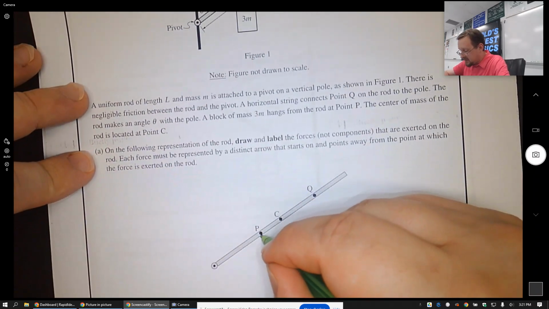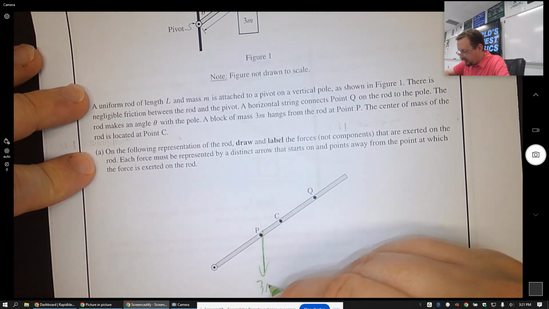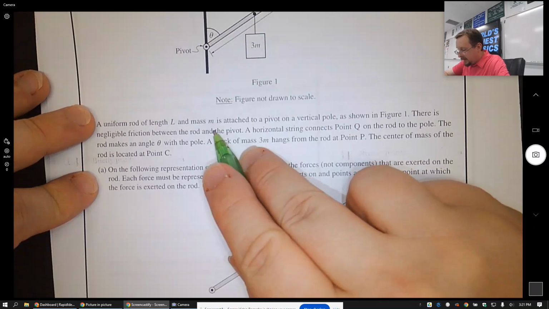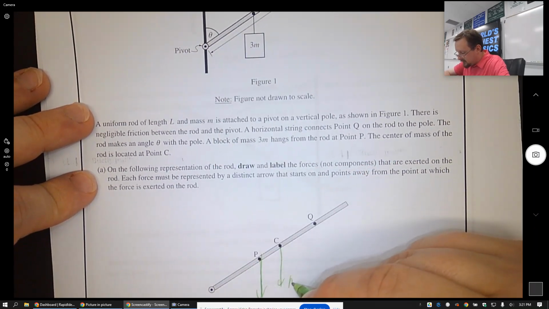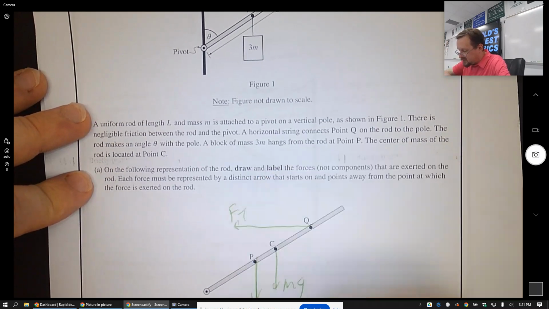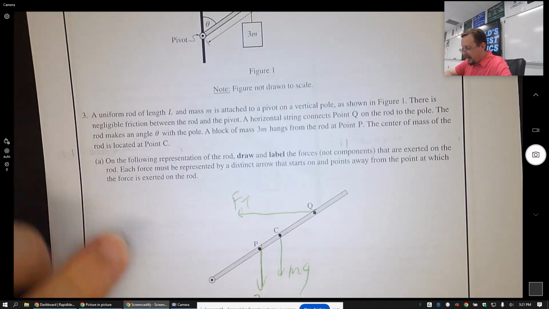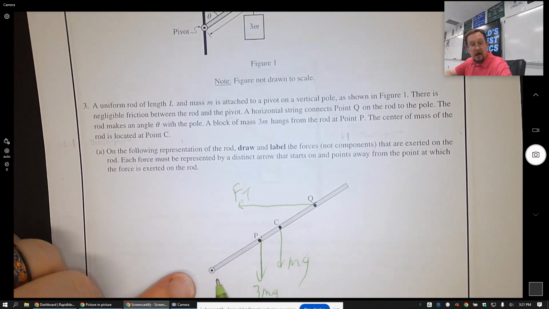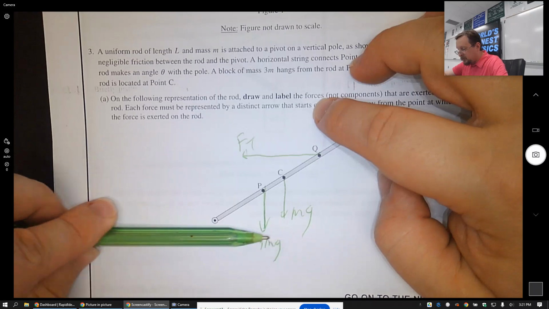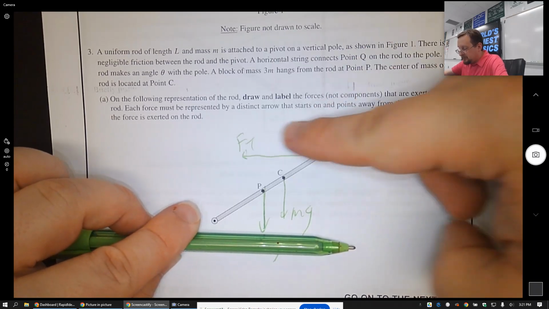Okay, so this is going to be 3 mg. His own mass is m, so he has an mg. He's going to have a force tension. And the pivot, I believe, needs to exert some rightward component of force to balance the left.